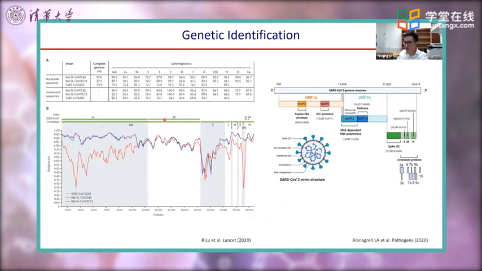In addition, we can compare the different regions of sequence to find their similarity, and we can identify some regions of very conserved sequences, which means that this sequence is similar across different coronaviruses, such as this ORF1b gene. This is RNA-dependent RNA polymerase, a very critical gene for the virus.